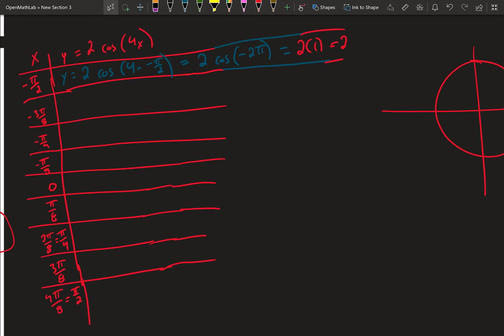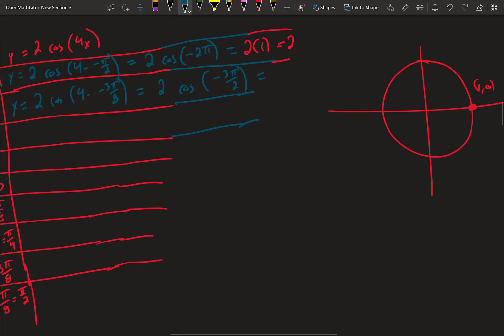So then, for the next one, we would have y equals 2 times cosine of 4 times negative 3 pi over 8, which is equal to 2 times cosine of, 4 times negative 3/8 would be negative 3 pi over 2.